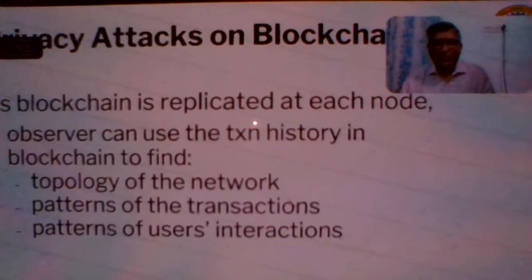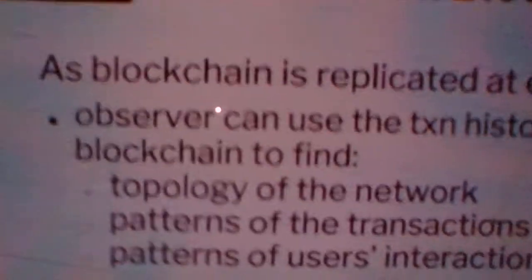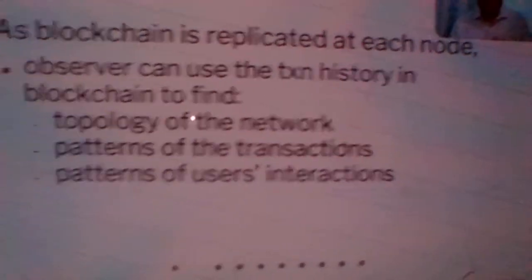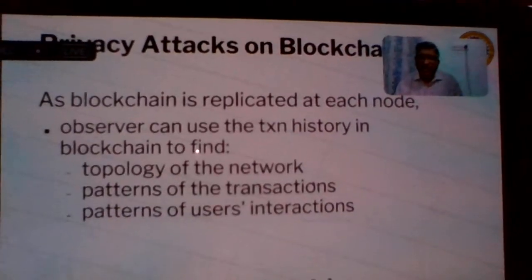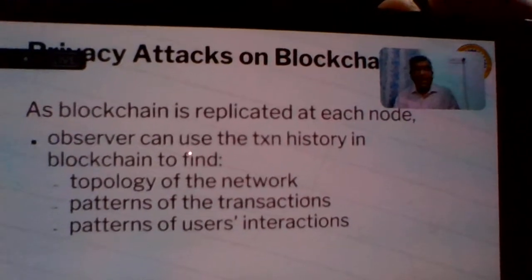So that's the question. Here, as you look at it, the topology of the network can be created, because whenever a node is created, the node has an address, and you can easily track that address and find out. You can get the topology of the network, and then you can get the patterns of the transactions.